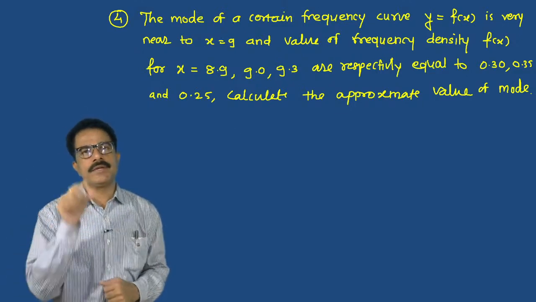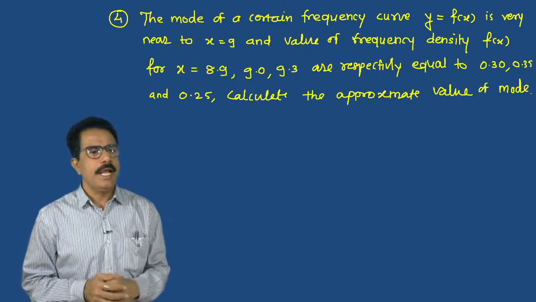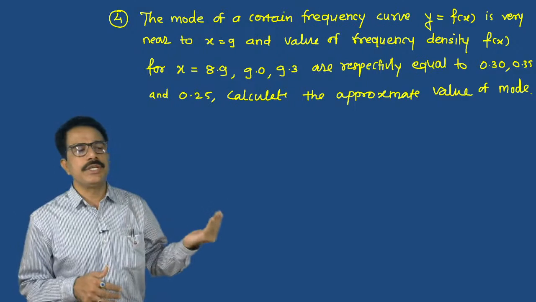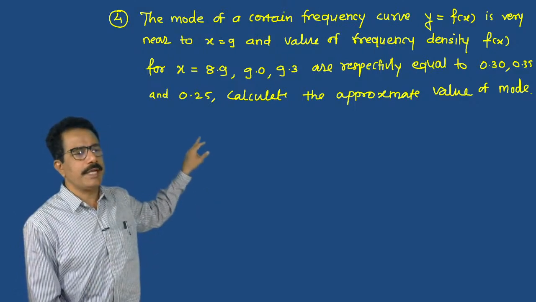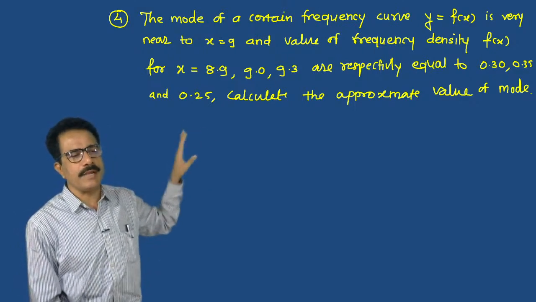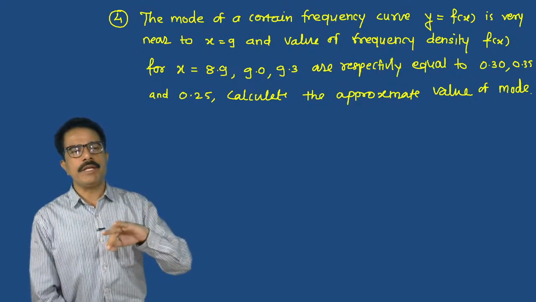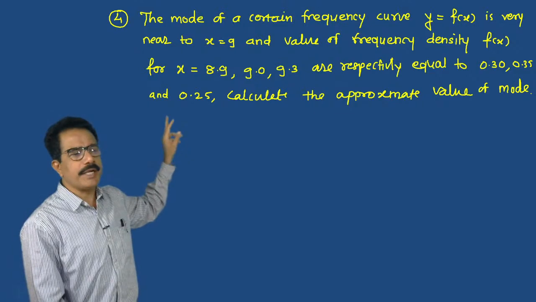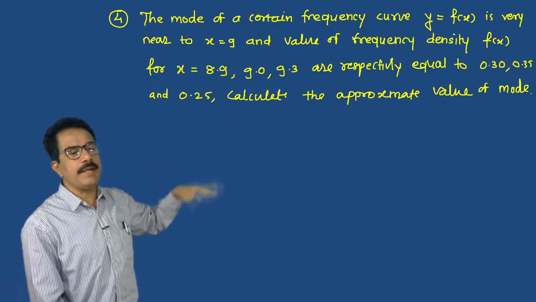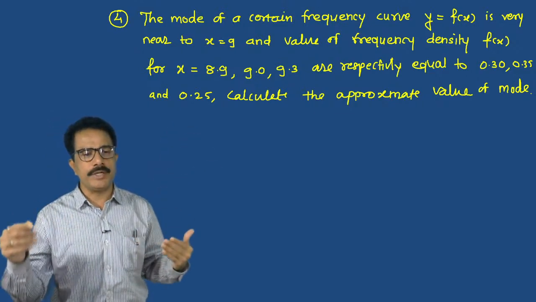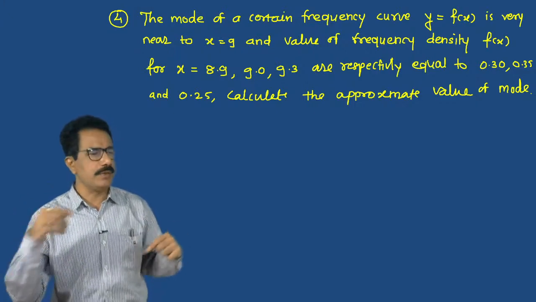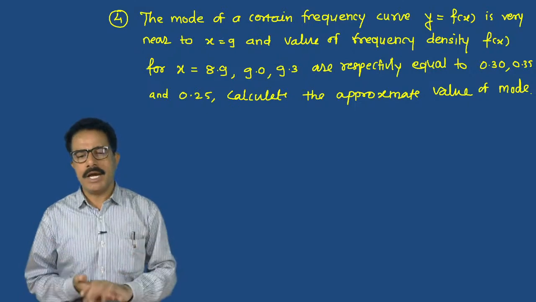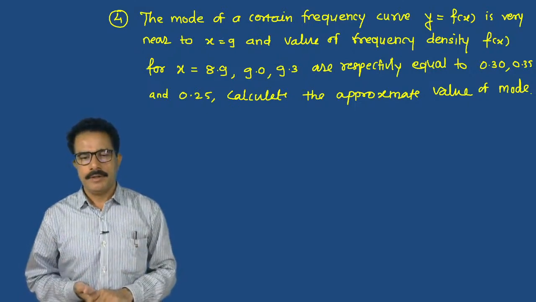The value of the frequency density f of x is given for x is equal to 8.9, 9.0, 9.3. The corresponding values of f of x are 0.30, 0.35 and 0.25. Then calculate the approximate value of the mode.